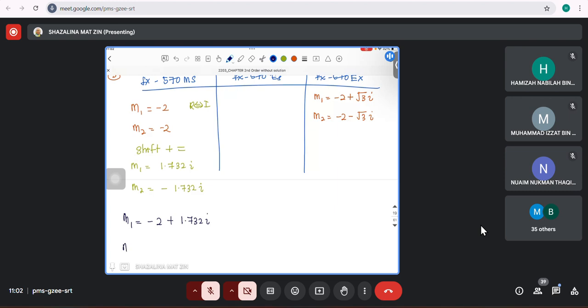And M2, combine real and imaginary: -2 minus 1.732i. So it is now the same as the 570EX. The difference is that for this MS, you cannot convert the decimal to the square root number, because the value is harder to convert.